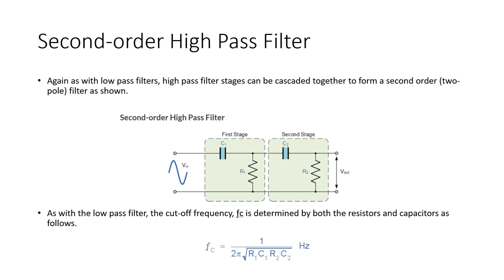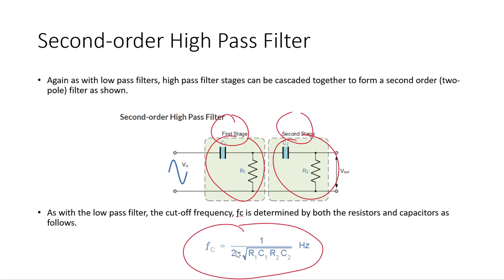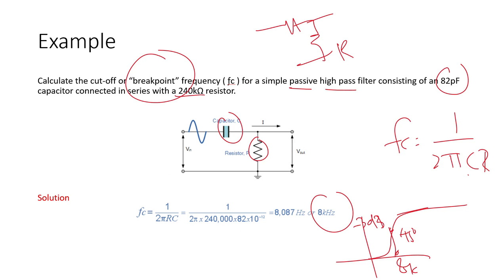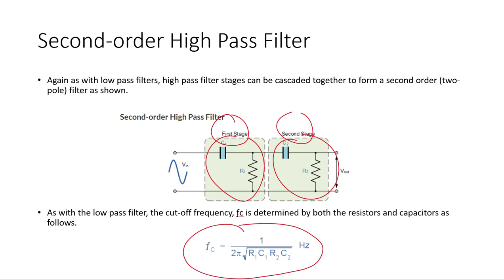Second order high pass filter is the same as the first order, but we are using repeated stages. So first stage, first filter, and second stage again first filter, but with some different values, say C2 and R2. The FC, the cutoff frequency, the corner frequency, or the breakpoint frequency, is 1 over 2 pi under root R1 C1 R2 C2.